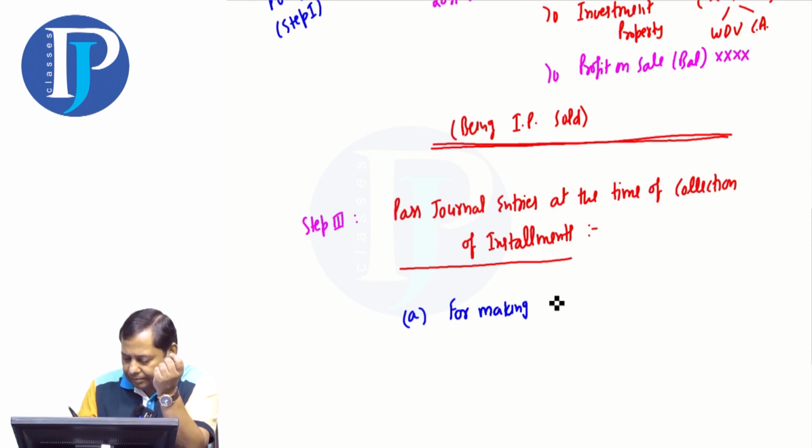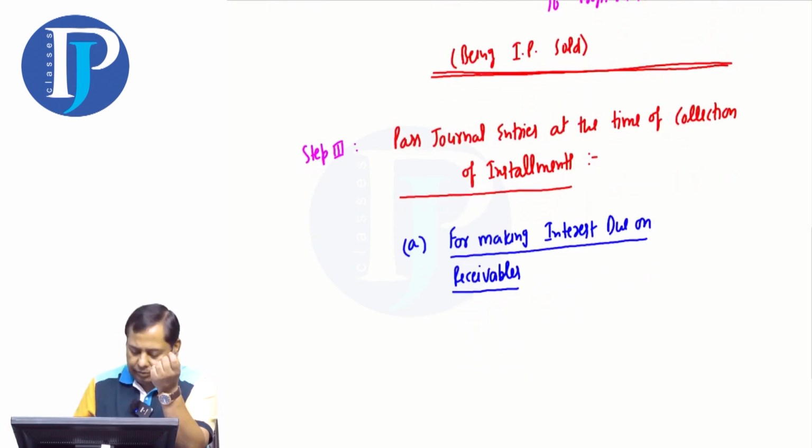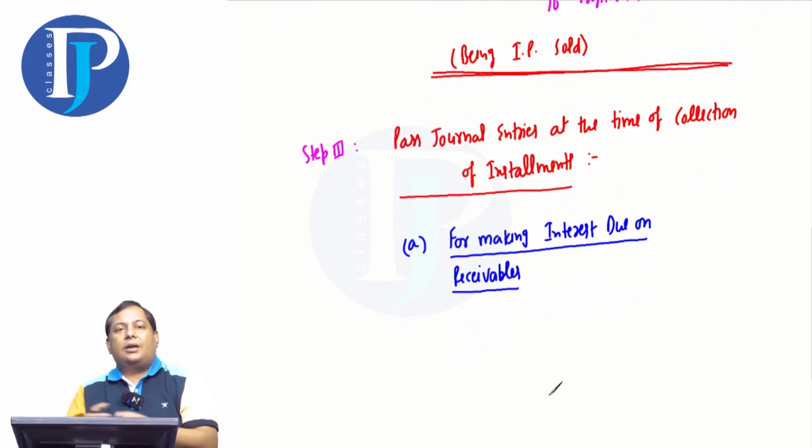For making interest due on receivables, what entry will we pass here?